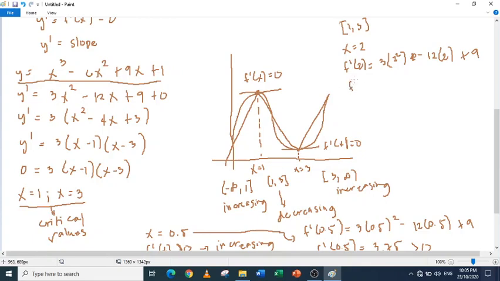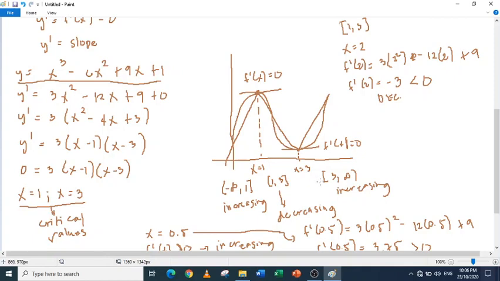So, ang f prime of 2 natin is equal to what? So, calculate ulit natin. Okay, so, we have the given value. Calculated value is negative 3. A negative 3 is less than 0. So, meaning, at this given interval, our function is decreasing.